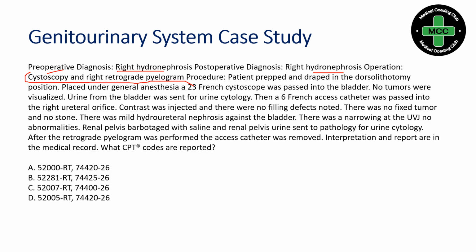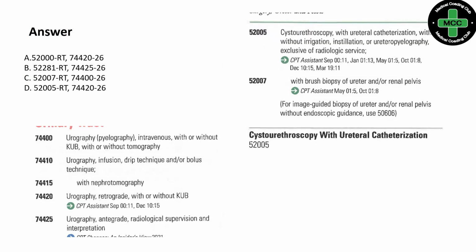Along with cystoscopy you have to check whether the imaging guidance code is included or excluded, and then code it. Please read the entire procedure note, and we'll see the options. In all options you can see an imaging study added, but we have to check what the correct answer is. Let's see the code descriptions.